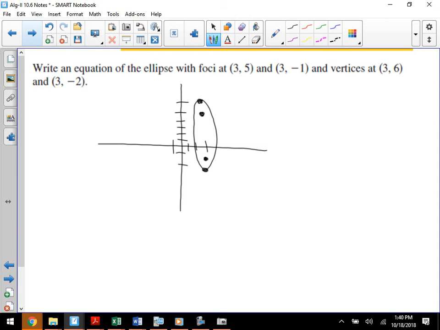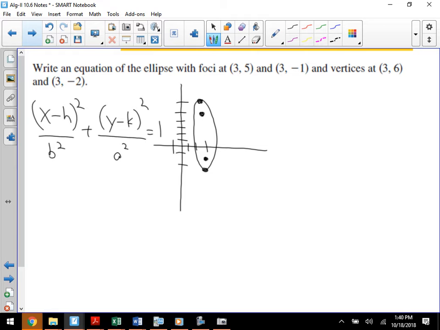Well, we know it's going to be (x minus h) squared plus (y minus k) squared equals 1. But if it's stretched vertically, underneath which part is the a squared? We're going to utilize that formula.